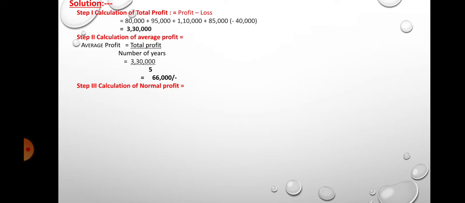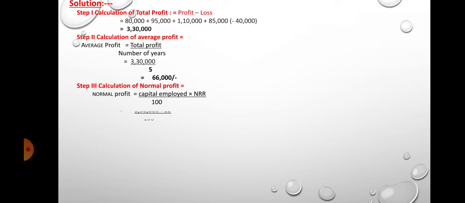Step third, calculation of normal profit is equal to capital employed into NRR, meaning normal rate of return, divided by 100.